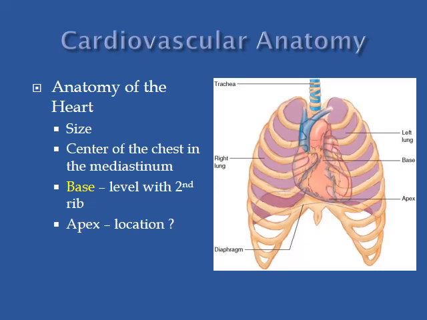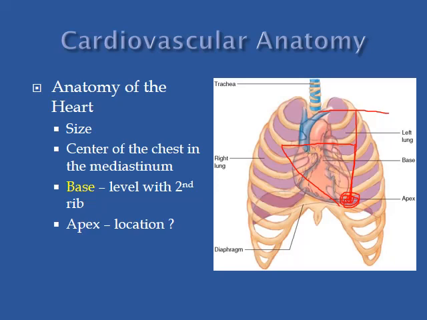The base, which is the top of the heart, the wide part, is at the level of the second rib. And then the apex of this cardiac triangle is right here: fifth intercostal space, midclavicular line.